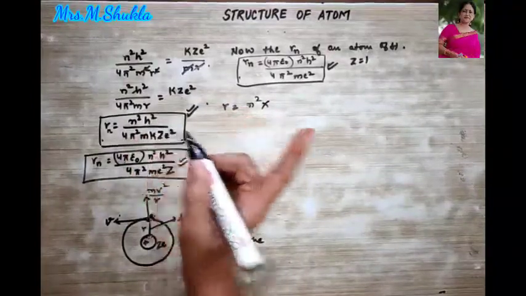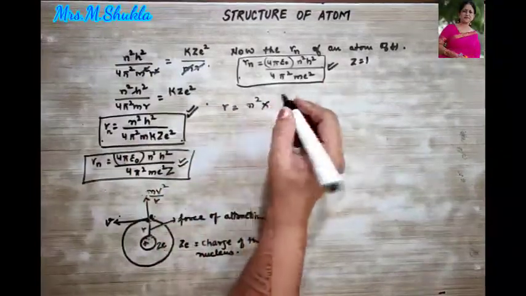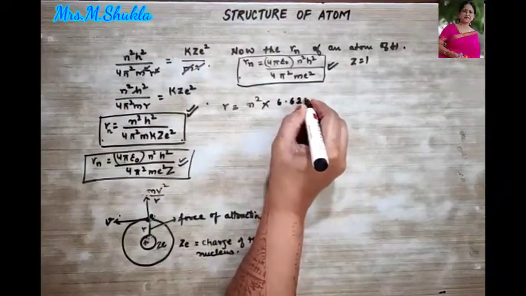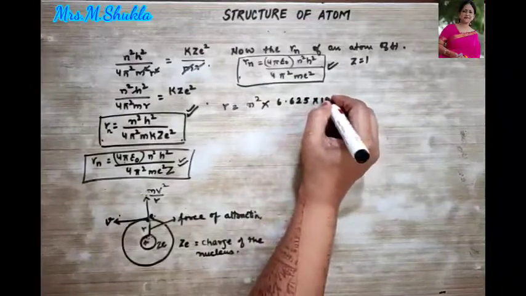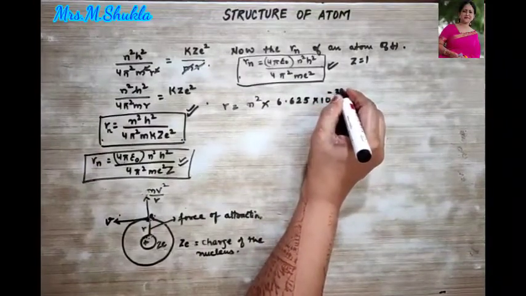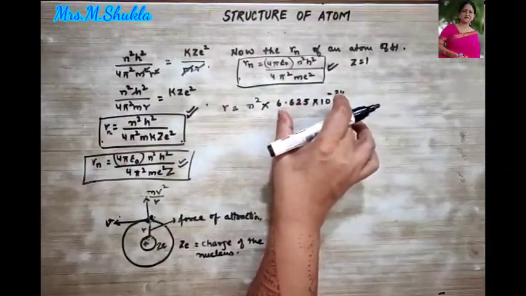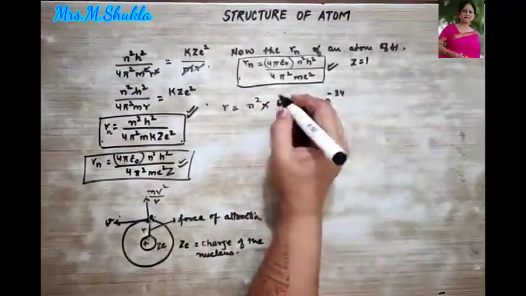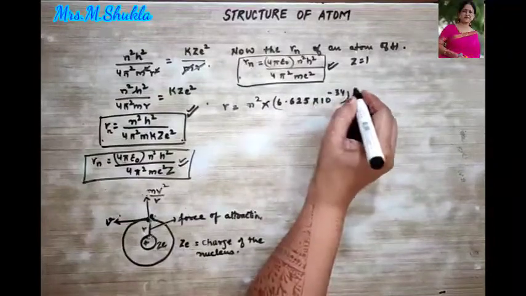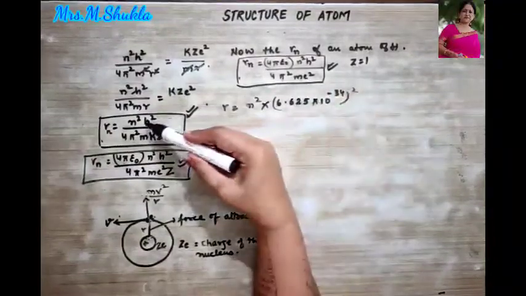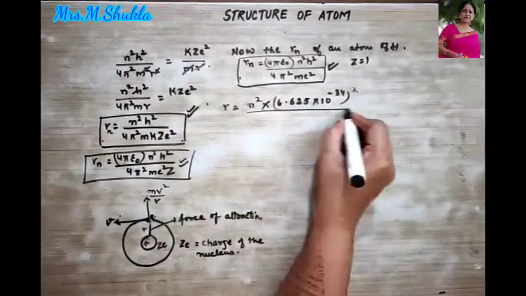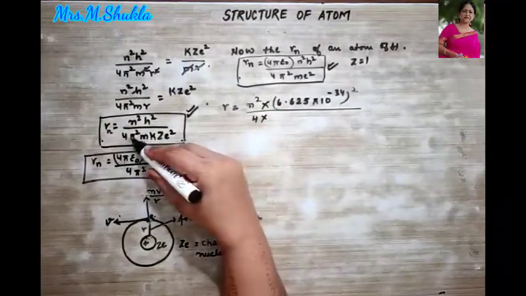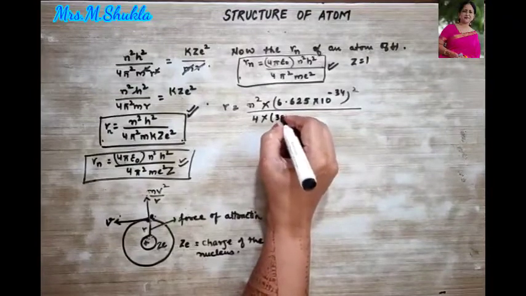H, as I told you, is Planck's constant, and the value of Planck's constant is 6.625 into 10 to the power minus 34. All this constant value will be given to you in the question, so you don't have to learn that, and if you learn it, then it's very good. To the power of 2 upon 4 into, what is this? Pi. What is the value of pi?